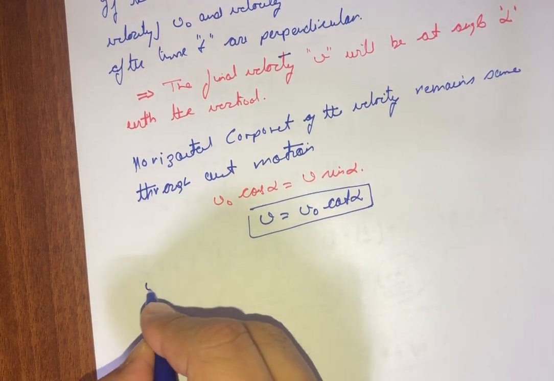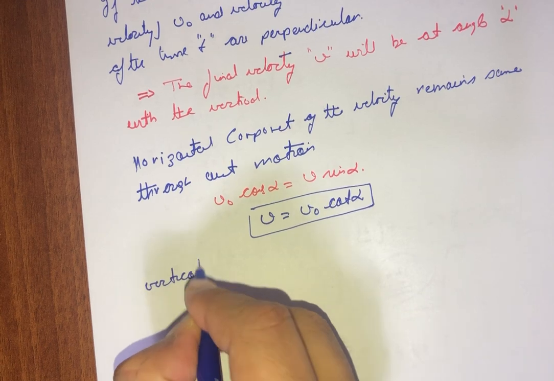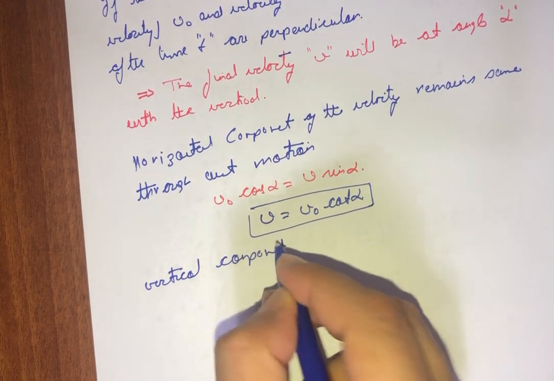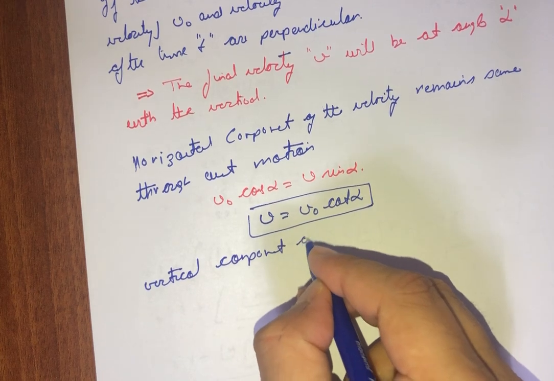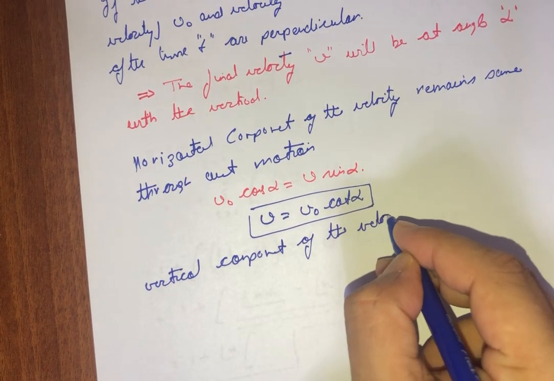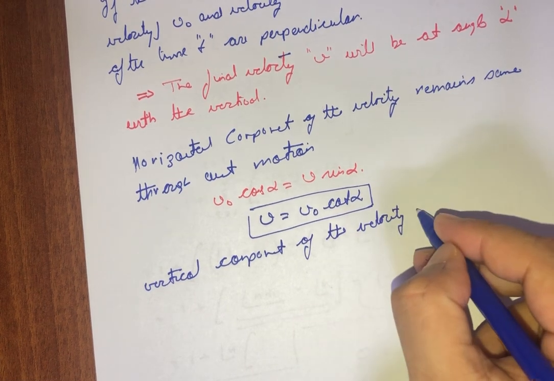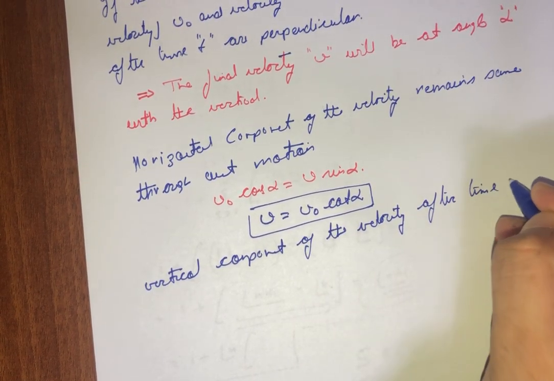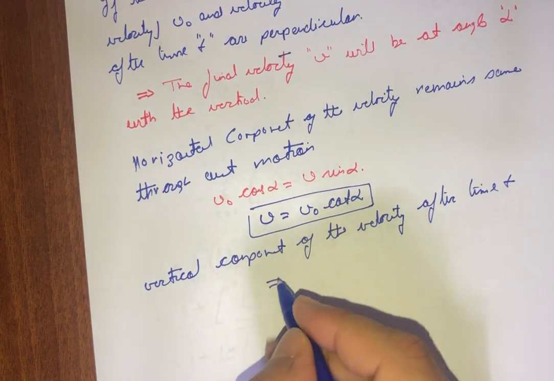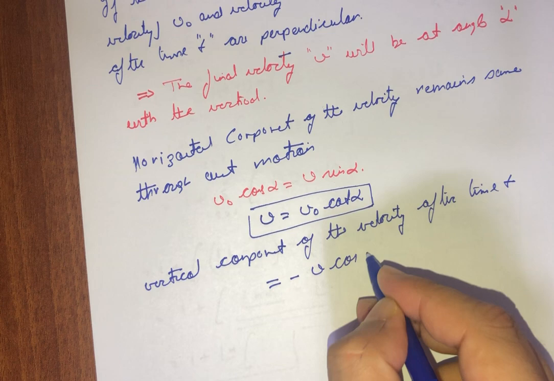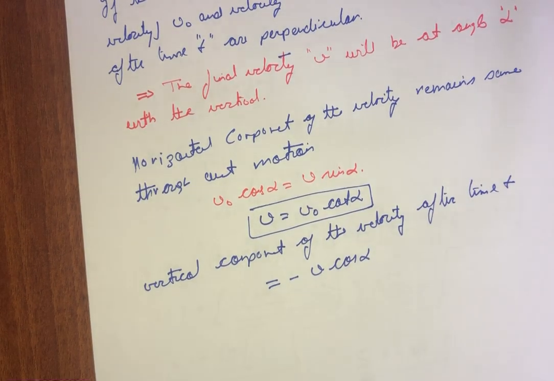So we can see the vertical component of the velocity after time t, this will be equal to minus v cos of alpha, because it is in downward direction.